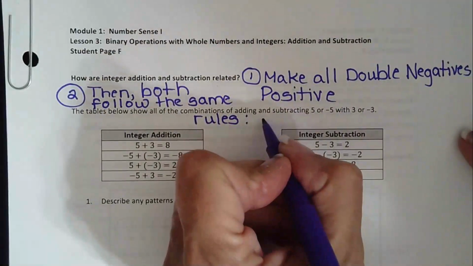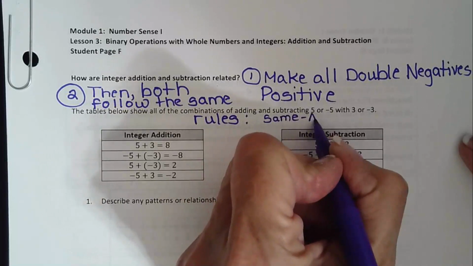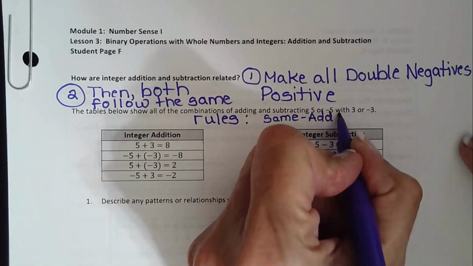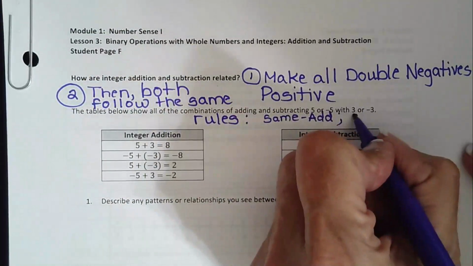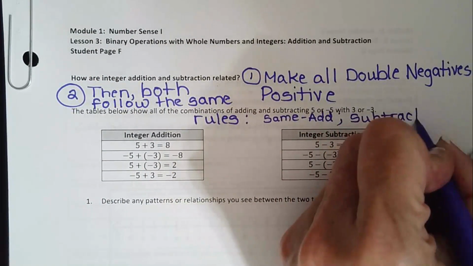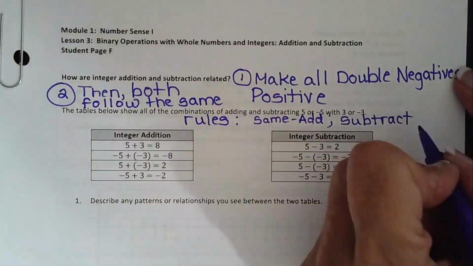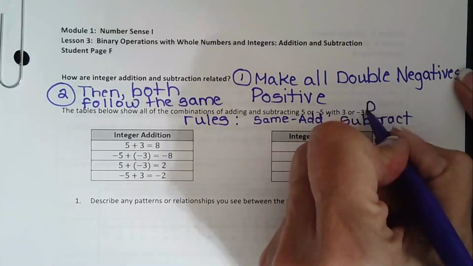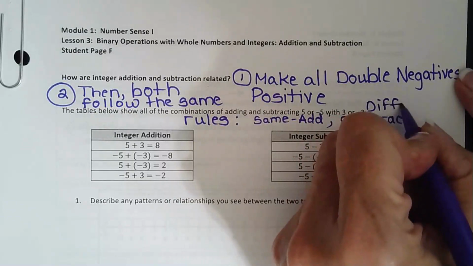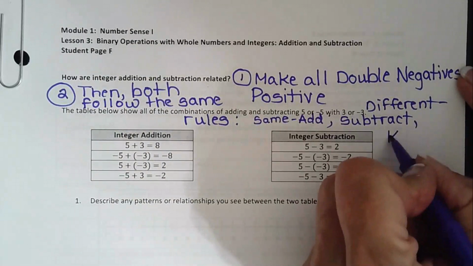So same, add, different, subtract. The more you write it, the easier it will be for you to remember it. They say if you write something 7 times, you'll have it memorized. So same, add, different, subtract. Keep the sign of the larger.